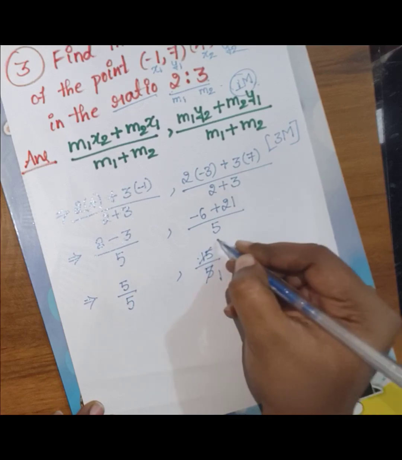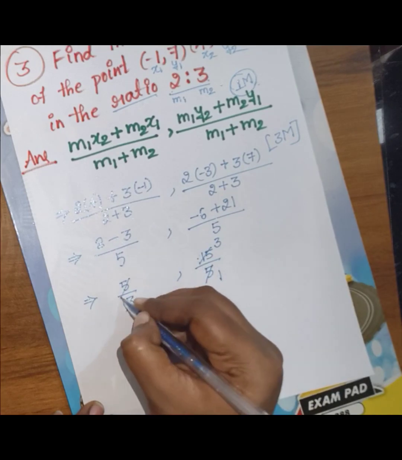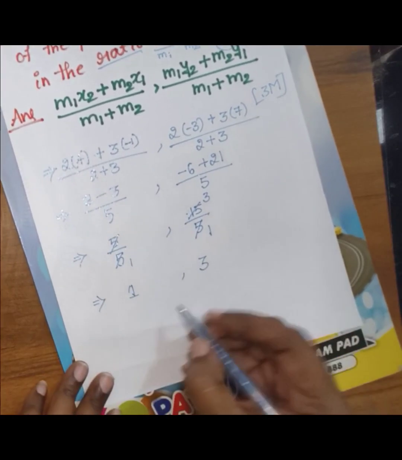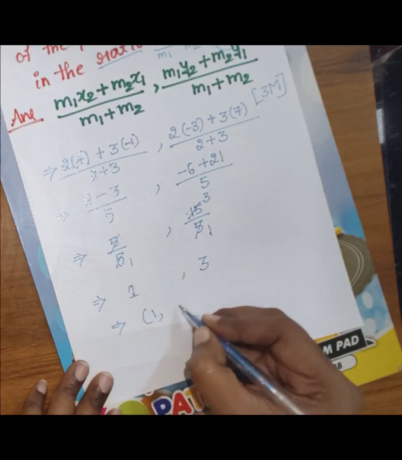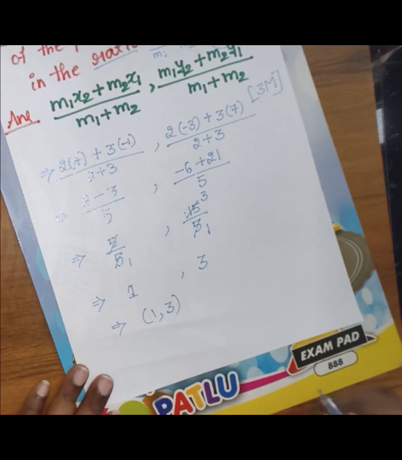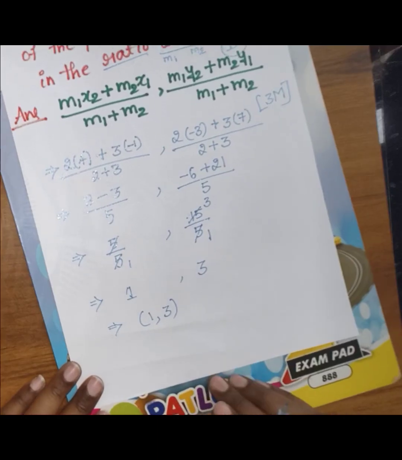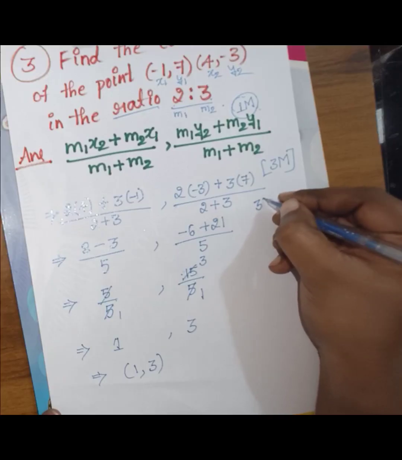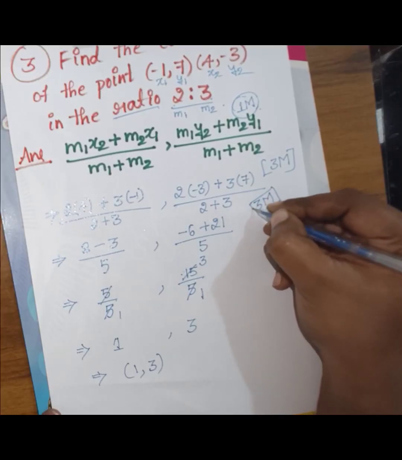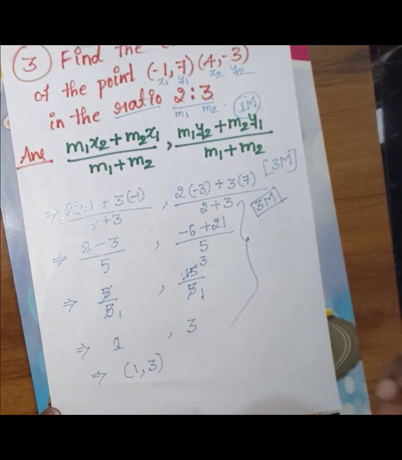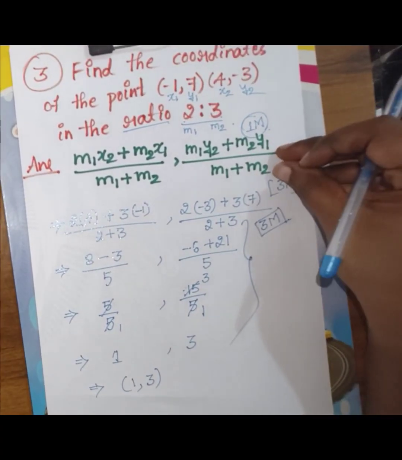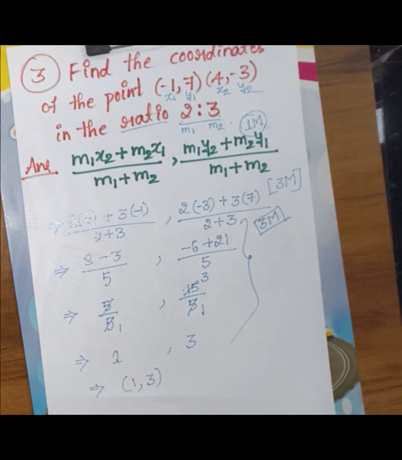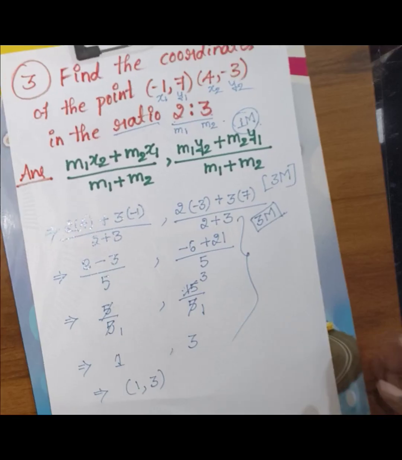So the answer is 1, 3. So finally you write that this is the point dividing in the ratio. These questions will carry 3 marks. Don't forget, again and again I'm saying, you have to remember and at least write the formula and substitute the values. Anyway, you know addition and subtraction. Do that and you'll at least get 3 marks, children.